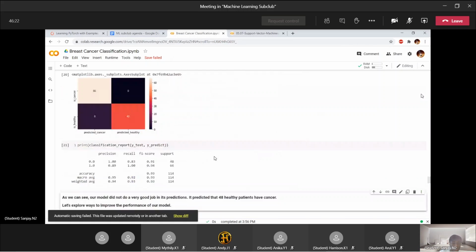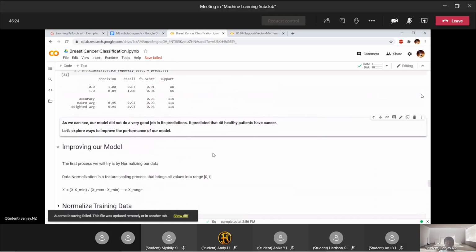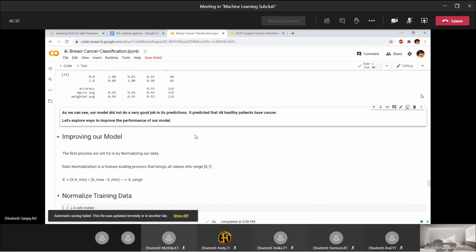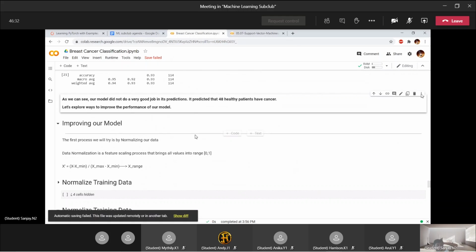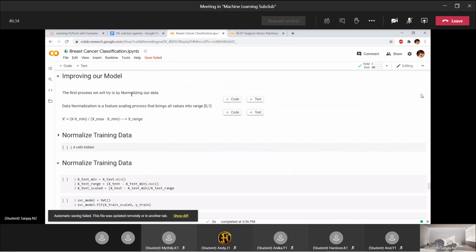So now let's look at how we can improve our model. 93 is okay, but we can improve it. The first thing we want to do is normalize our data. We've talked about how in pre-processing you can always normalize your data to increase the prediction capacity.